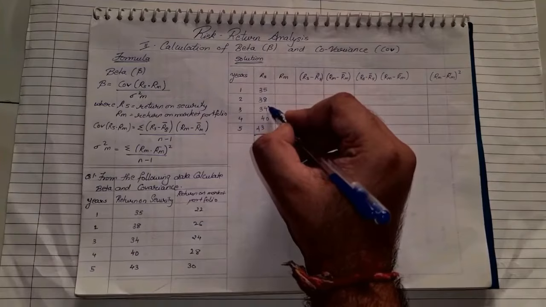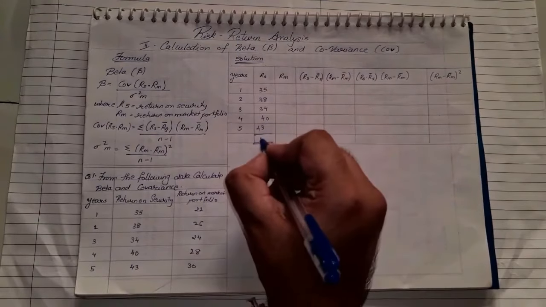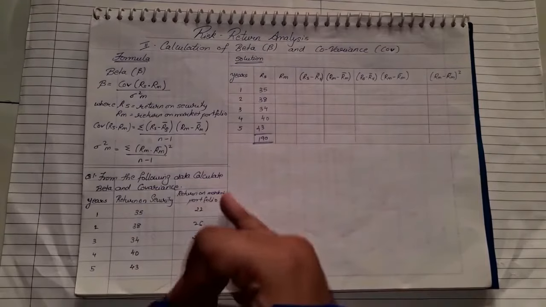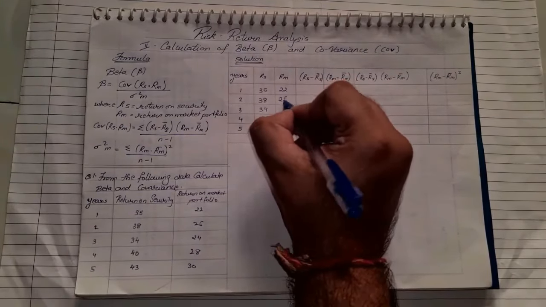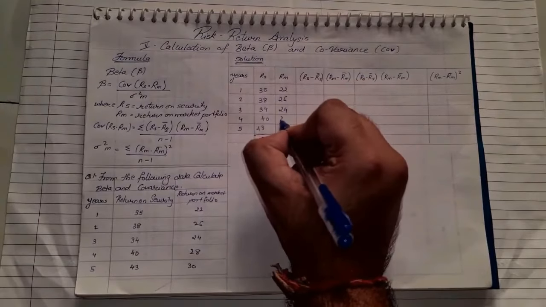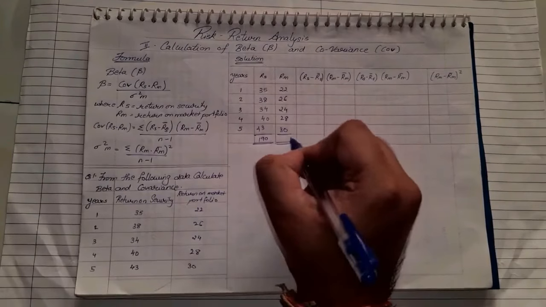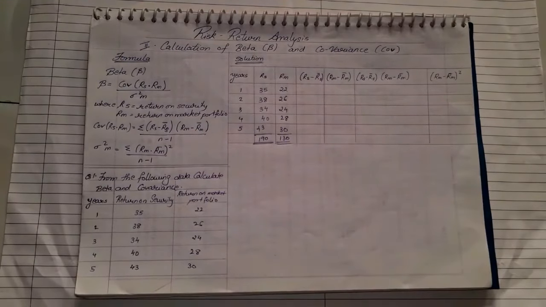So 35 plus 38 plus 34 plus 40 plus 43, the total will come up to 190. Similarly, we'll note down the market portfolio return: 22, 26, 24, 28 and 30. Once we note down all the values and total it up, the total will come approximately 130.